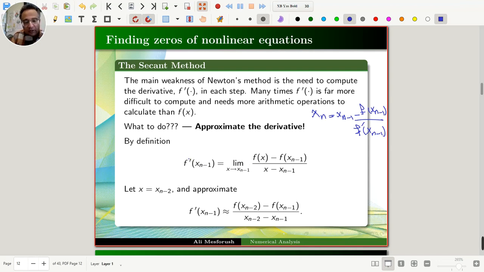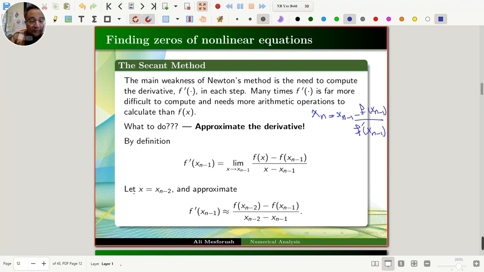This is the definition: f prime of xn minus 1 equals the limit as x goes to xn minus 1 of f of x minus f of xn minus 1 over x minus xn minus 1.